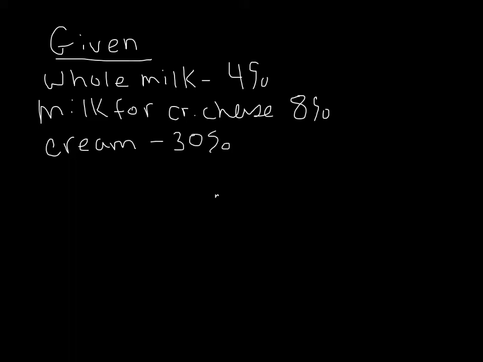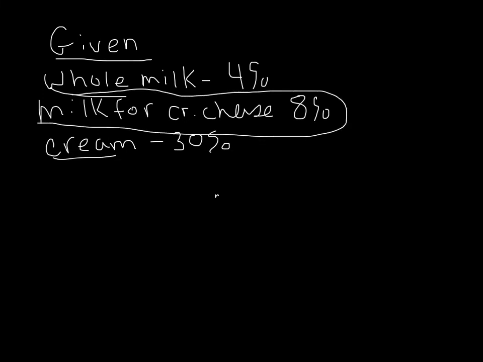Okay, so what we have to do here is think about what we have and what we're looking for. We know at the end that our final product after mixing the whole milk and the cream, we should get this. And we can tell that it should be an 8% solution. So I know that in the end, I should have an 8% solution.